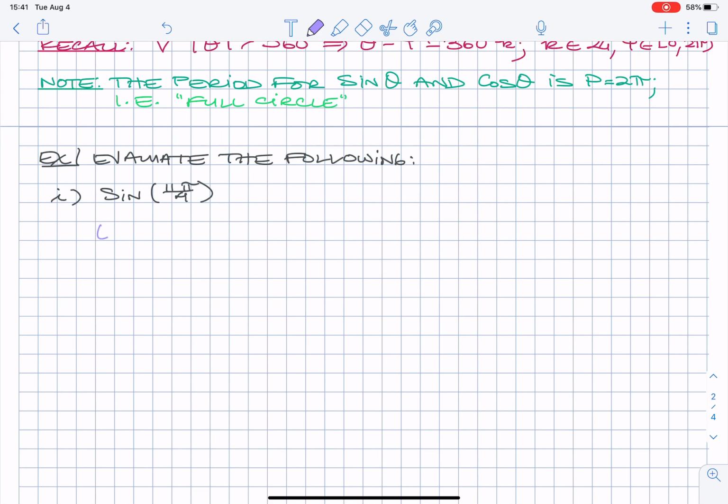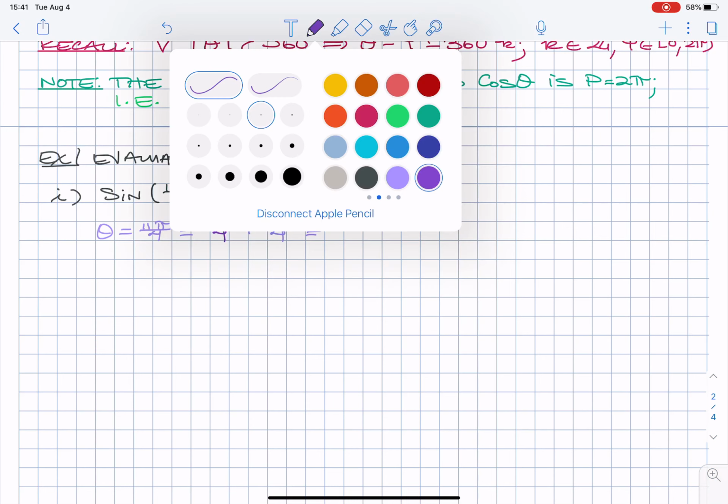In this case, theta is 11 pi over 4. And I know that 8 pi over 4 is 2 pi. So I claim that this can be written as 3 pi over 4 plus 8 pi over 4, otherwise known as 3 pi over 4 plus 2 pi.